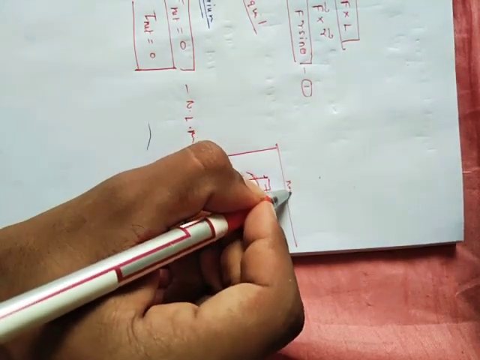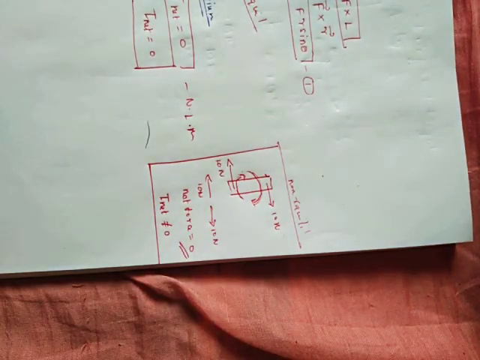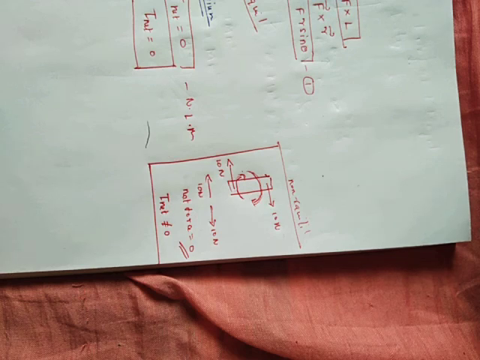This is a non-equilibrium case. To say a system is in equilibrium, you have to confirm both: the net force is zero and the net torque is also zero.